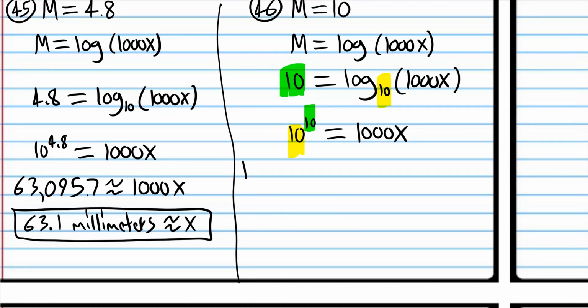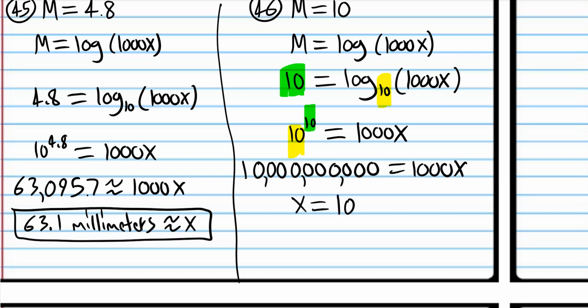It's a 1 with 1, 2, 3, 4, 5, 6, 7, 8, 9, 10 zeros. So that's 10 billion. And then if we divide by 1,000, that's going to be 10 million. So 10 million millimeters.